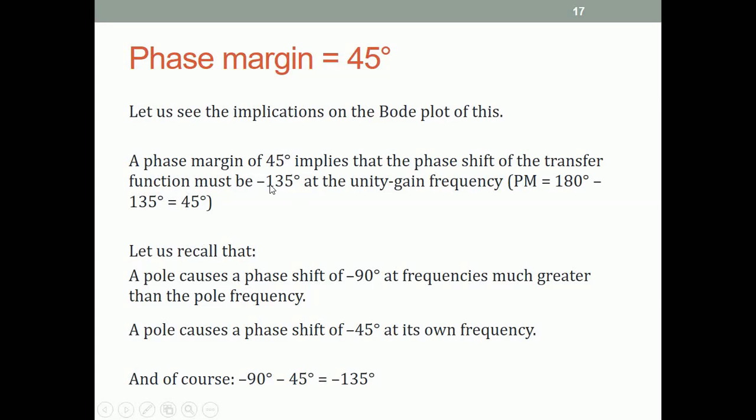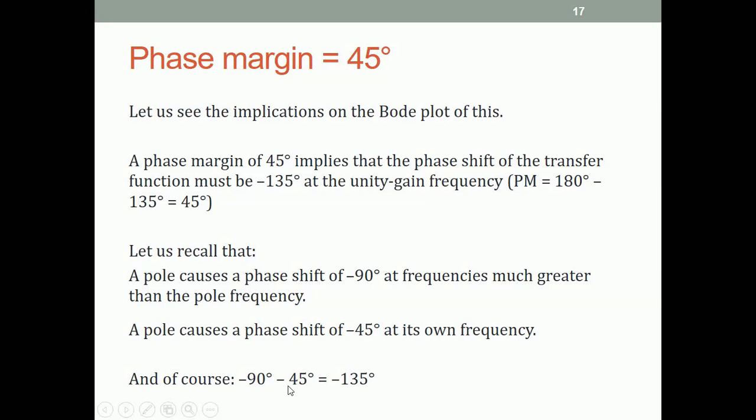So what we want is that for our amplifier to be stable, and for it to have a phase margin of 45 degrees, the amplifier open loop gain must have a phase of minus 135 degrees at the unity gain frequency. Now we recall that at a frequency much greater than the pole frequency, one pole causes a phase shift of minus 90 degrees. At the pole frequency, a pole causes a phase shift of minus 45 degrees.